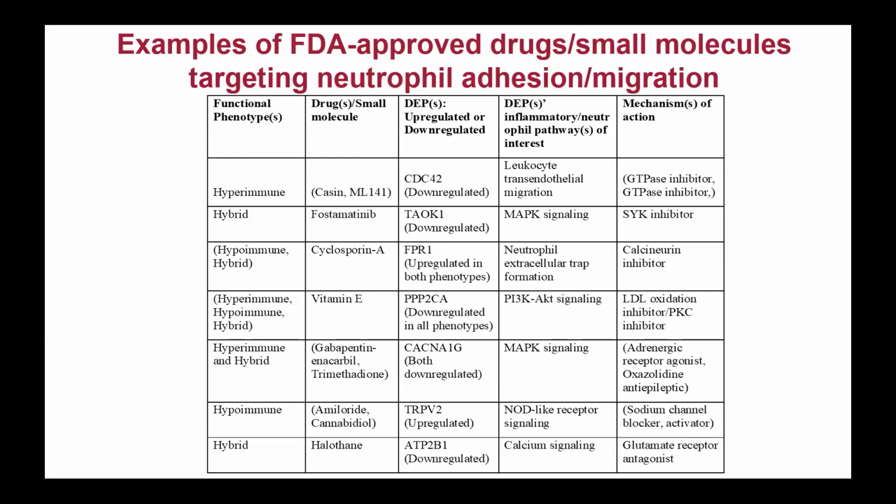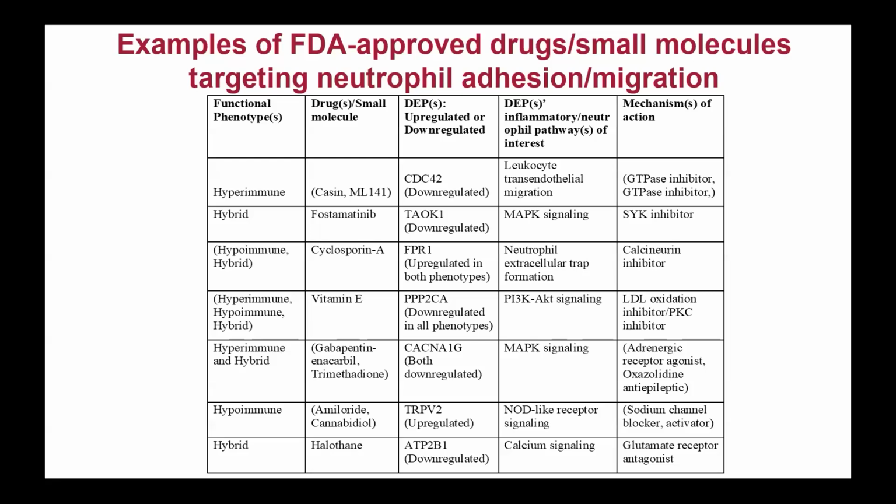So what you could do then, you could get these drugs, you could go back to our microfluidic system, test these drugs on neutrophils from these patients, and at least get a sense of whether this drug or compound that you're interested in has any chance of addressing the problem of adhesion and migration and neutrophil dysfunction in this kind of system.